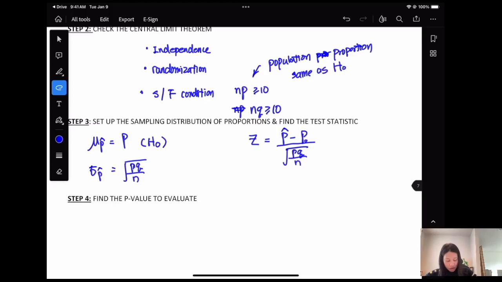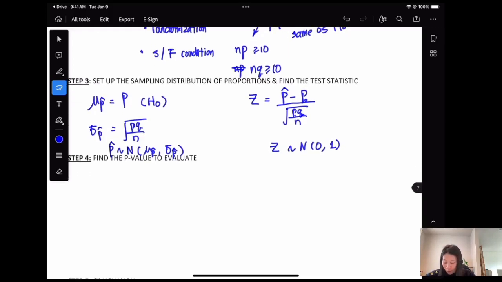And then remember that this p hat is going to follow a normal distribution with mu p hat, sigma p hat, and this z-score follows a normal distribution with mean equal to 0, sigma equal to 1.